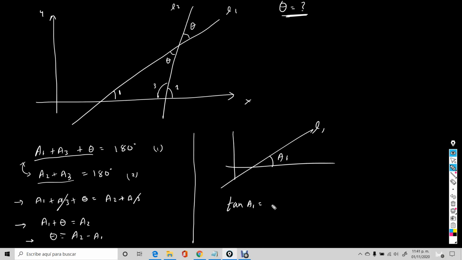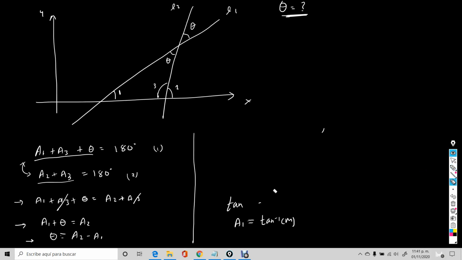The tangent of the angle is equal to the slope of the line, and angle 1 is going to be equal to the inverse tangent of the slope. So basically get the slope of this line, then calculate its inverse tangent, and that would give you this angle. It's that simple.